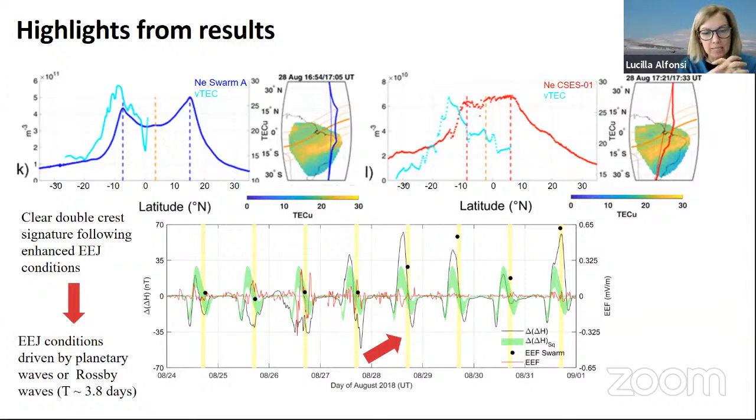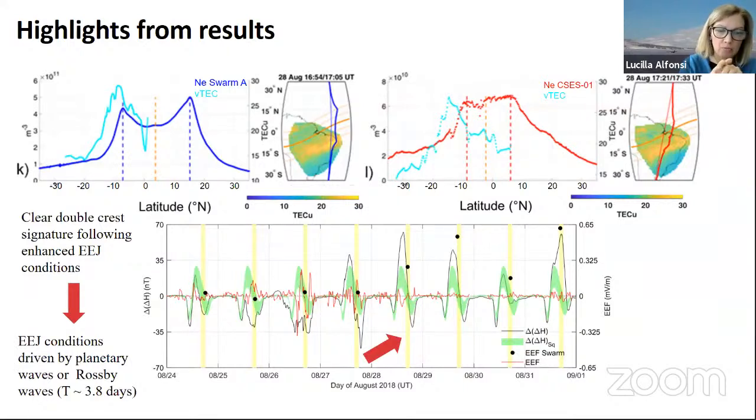In this case, we have an equatorial electrojet condition that we think is caused by the forcing from below due to the planetary waves or Rossby waves, because analyzing long-term data, we have found a period of 3.8 days in the wave that we have found in our assessment.